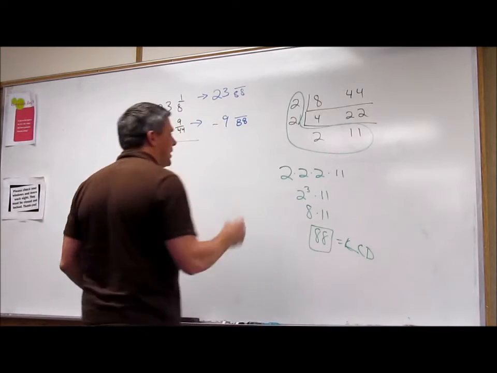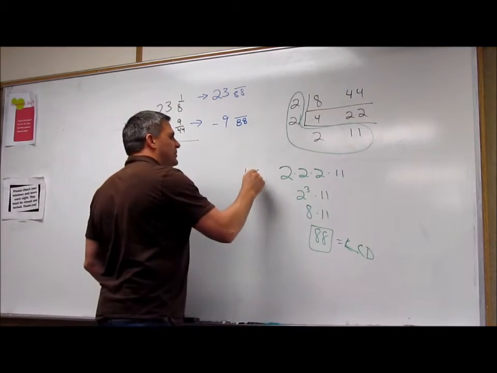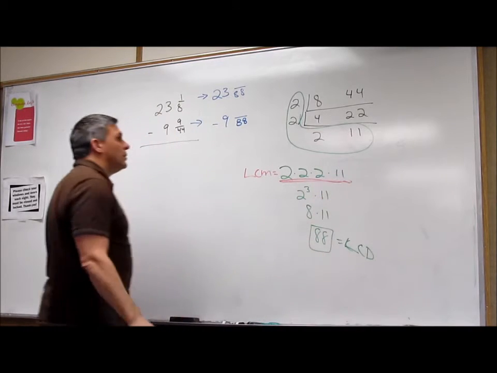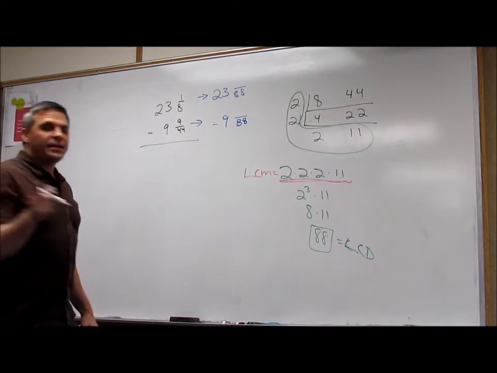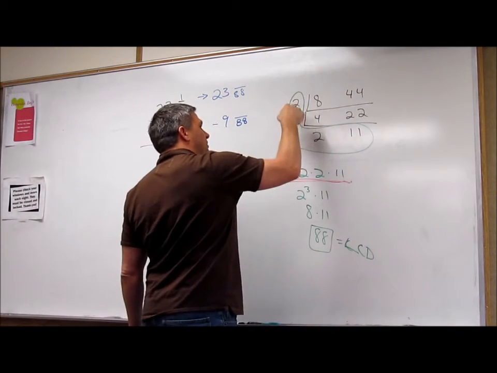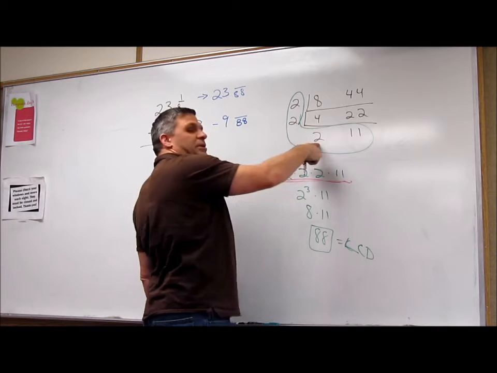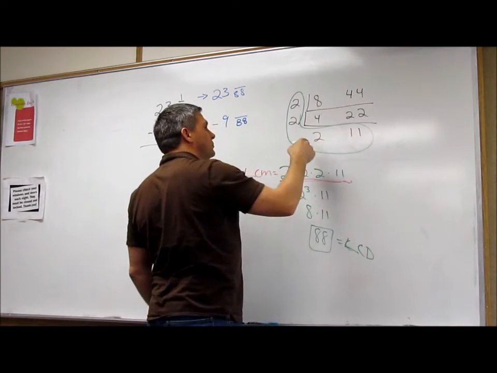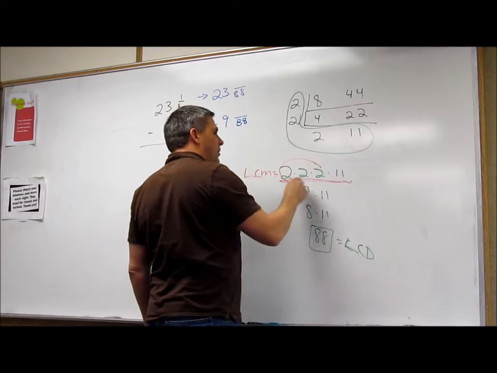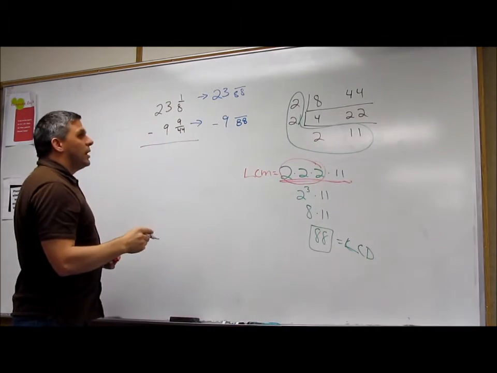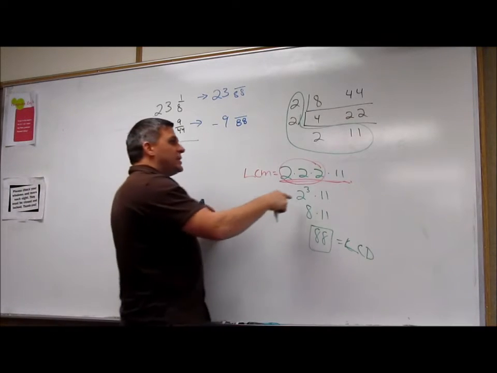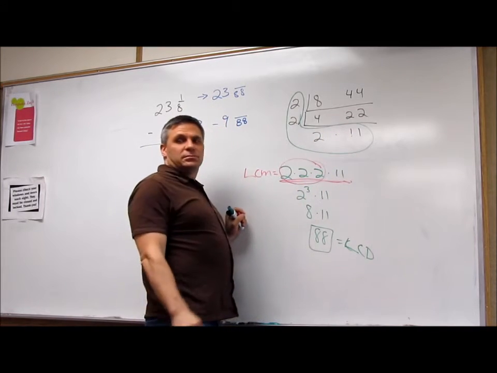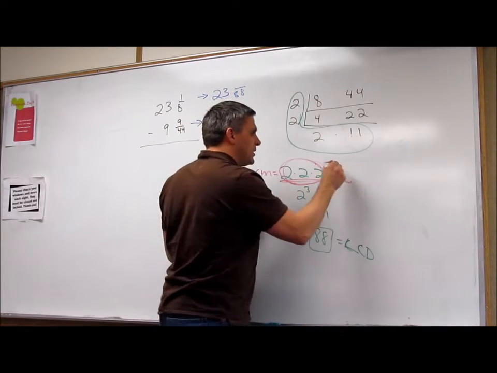So, again, your LCM is this whole thing. 8 is 2 times 2 times 2. So your LCM is 88, right? So it's 8 times 11.